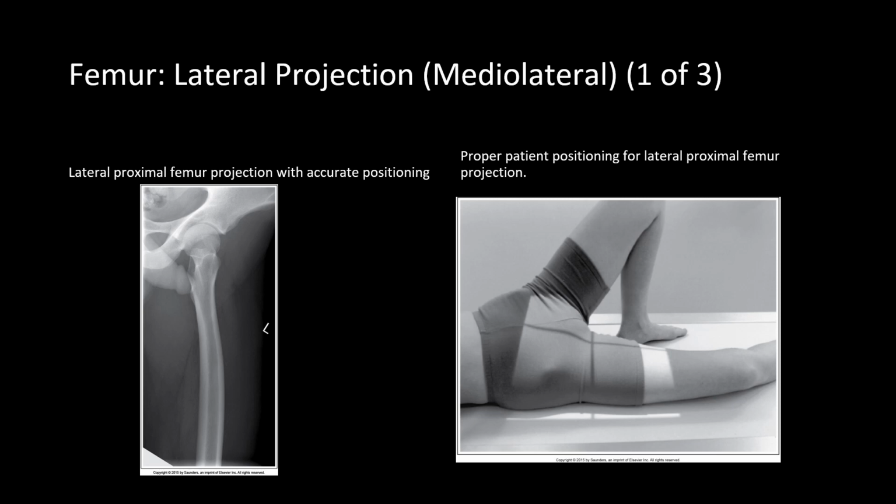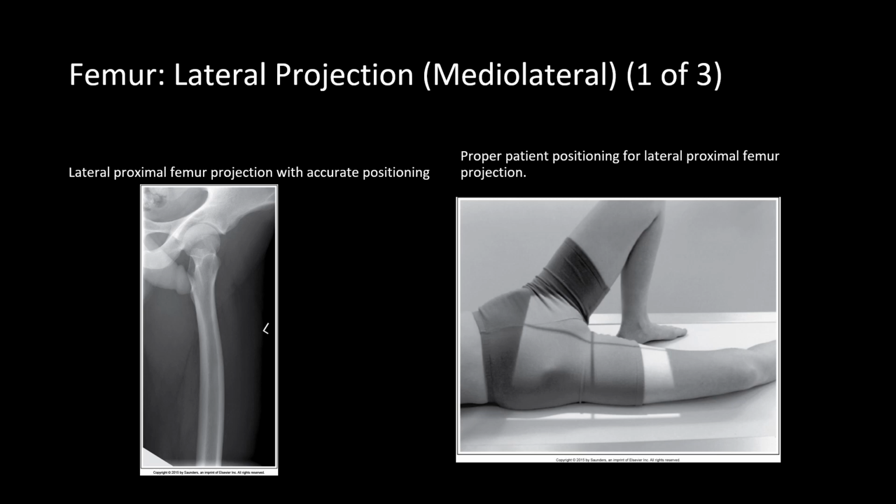The greater trochanter is demonstrated at the same transverse level as the femoral head. The long axis of the femoral shaft should be aligned with the long axis of the collimated field. The proximal femoral shaft should be demonstrated at the center of the exposure field. The proximal femoral shaft, hip joint, and surrounding femoral soft tissue should all be included within the collimated field.